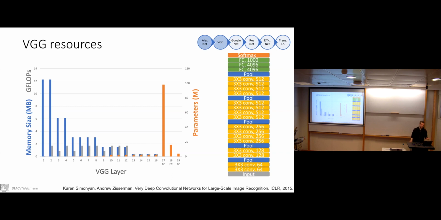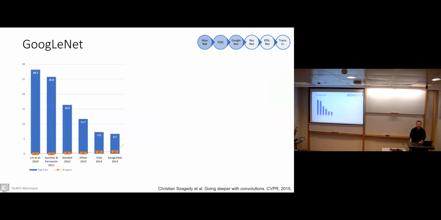And so the next network, which won the competition in 2014, tried to avoid this. The network is by Christian Szegedy and other people, and they introduced GoogLeNet, and the error was 6.7. So we're actually approaching the human level of performance on this task, which is 5%.